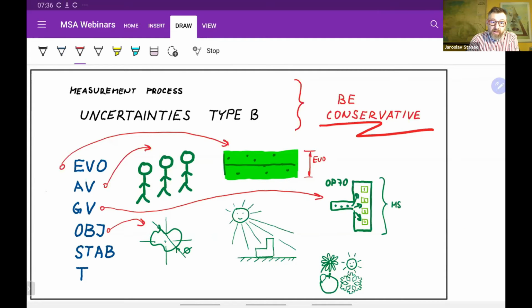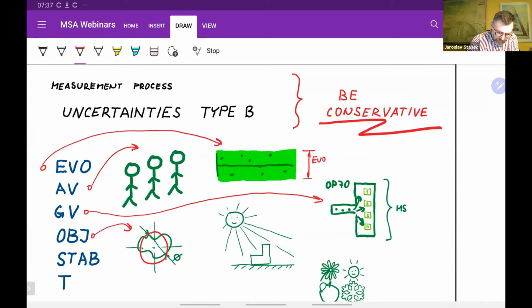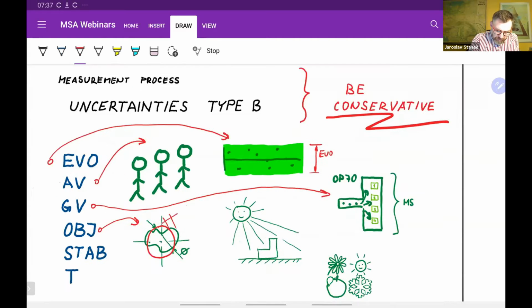So the measurement object uncertainty is the difference between the ideal shape, which is dimensioned, and the real shape, which is there. So approximately, we can be thinking about this dimension.